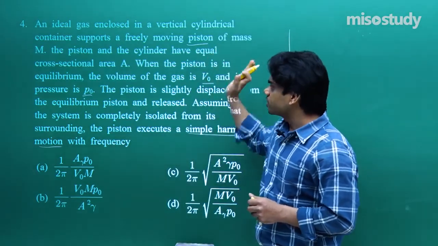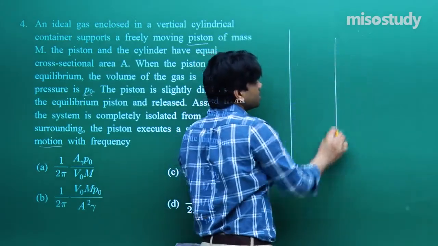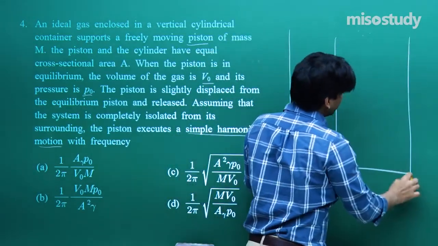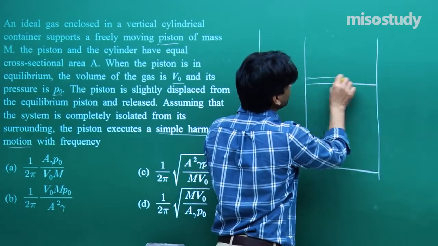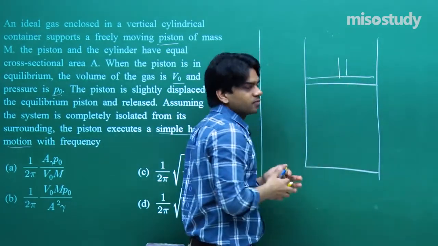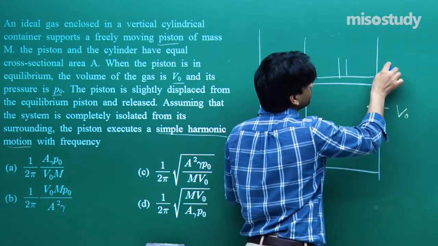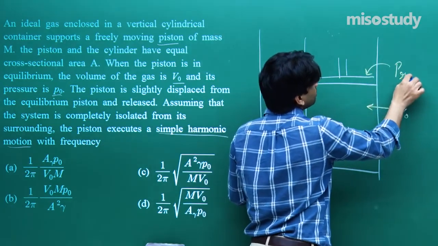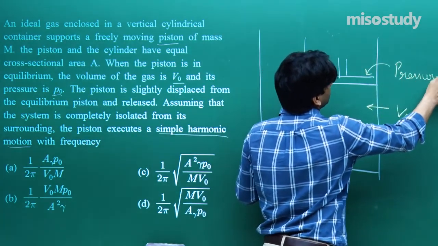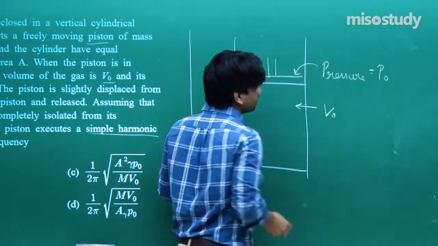Because see what is happening here. First of all, there is a piston, there is a cylinder. Let us say this is the case. This is the piston. The pressure is P0 and the volume is V0.